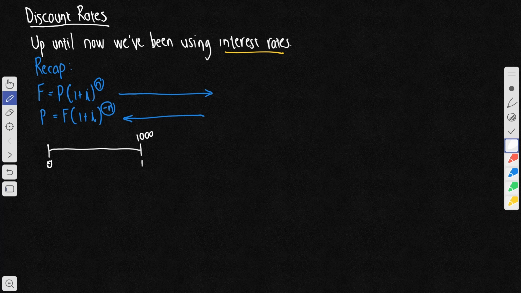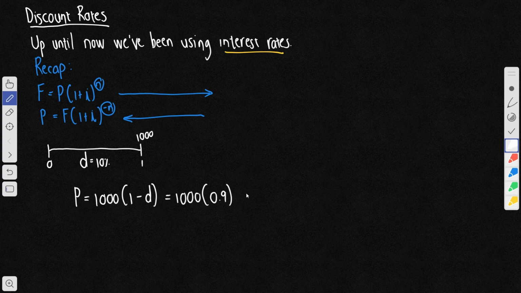We want to calculate the present value of this amount using a discount rate of 10%. All we need to do is to multiply the $1,000 by 1 minus the discount rate. So in this instance, because we are using 10% for the discount rate, we'll end up multiplying the 1,000 by 0.9, and that of course is $900.